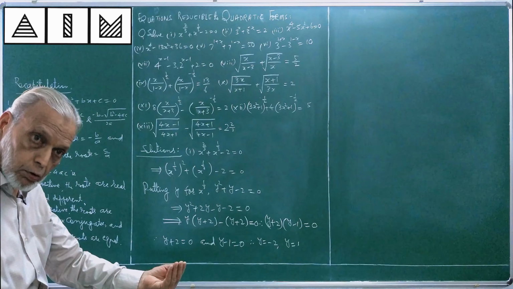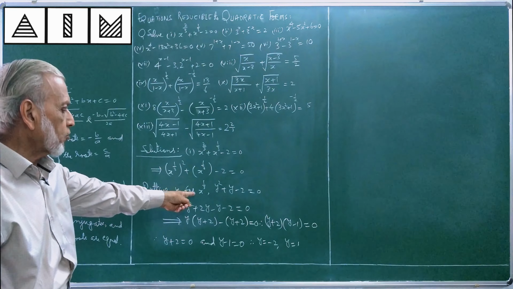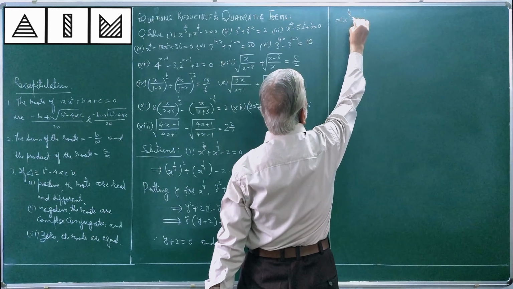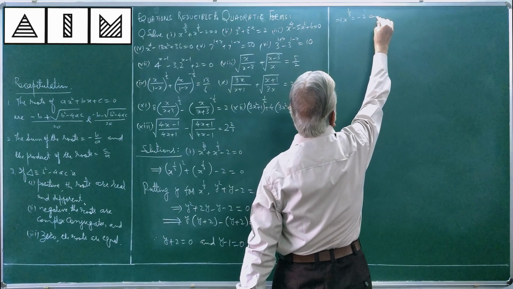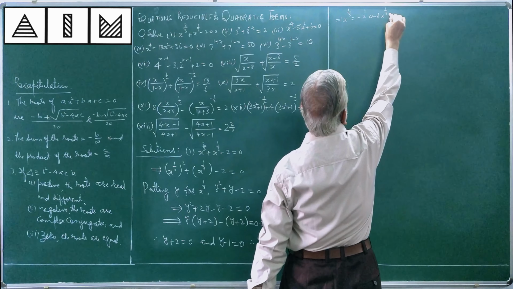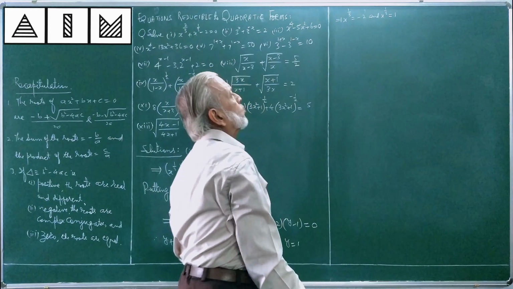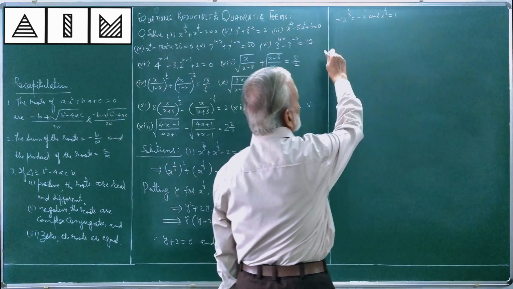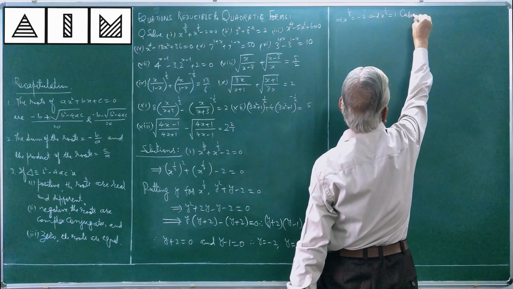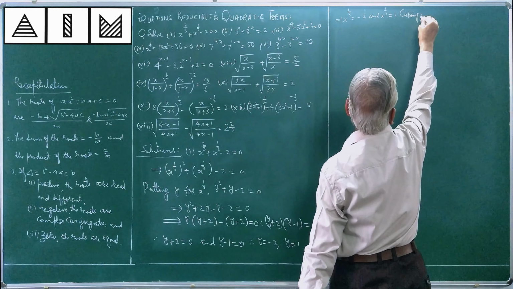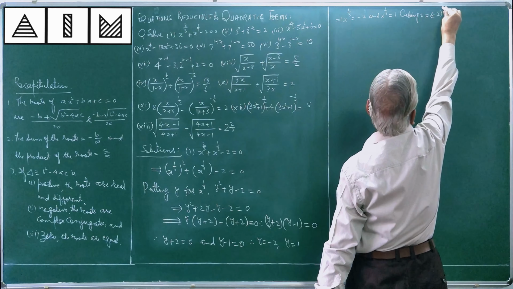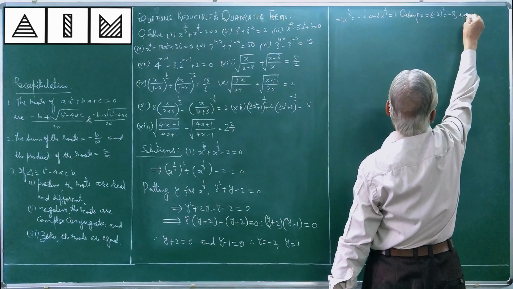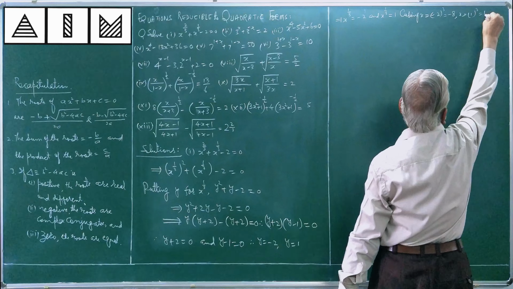Let us restore y, x power 1 by 3. x power 1 by 3 is equal to minus 2, x power 1 by 3 is equal to 1, cubing. x is equal to minus 2 whole cube or minus 8. x is equal to 1 whole cube or 1.